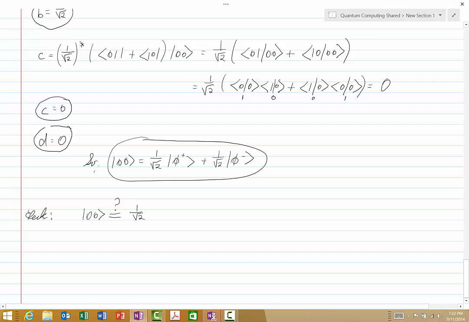Now remember that phi plus is equal to 1 over the square root of 2 times 0, 0 plus 1, 1. And then we have 1 over square root of 2 times phi minus. And phi minus is 1 over square root of 2 times 0, 0 minus 1, 1.